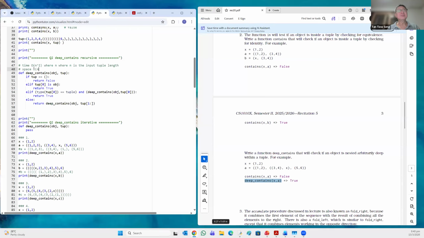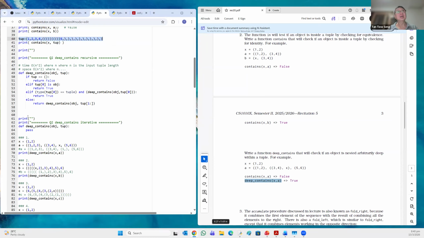Is it O(n)? No, okay, O(n) squared. Why? Because creating a new tuple.